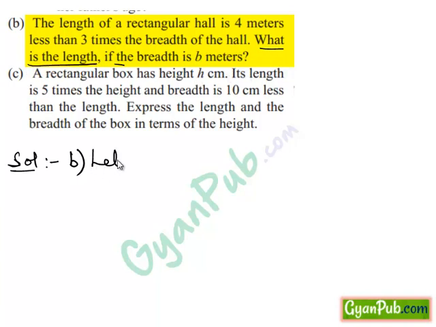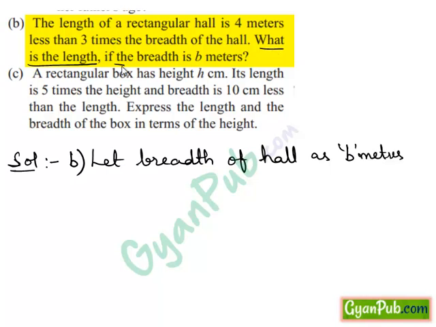So let us take the breadth of the hall as b meters, and they have asked us to find the length of the hall. They had also given that the length of the rectangular hall is 4 meters less than 3 times the breadth of the hall.